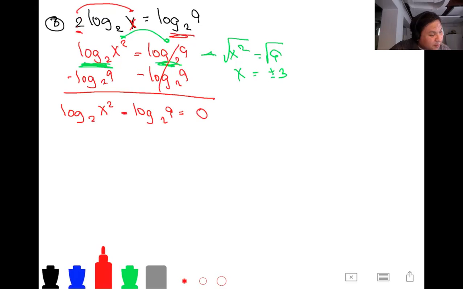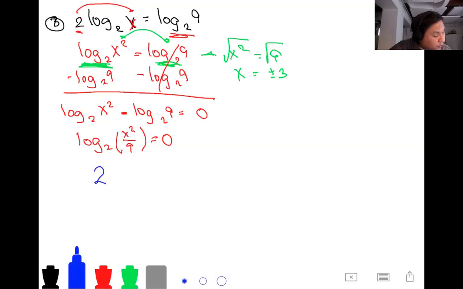Division, because it's a subtraction of logarithms. All right, and now we are ready for an exponential form. 2 raised to the 0 is equal to x squared over 9, and 2 raised to the 0 is simply 1.